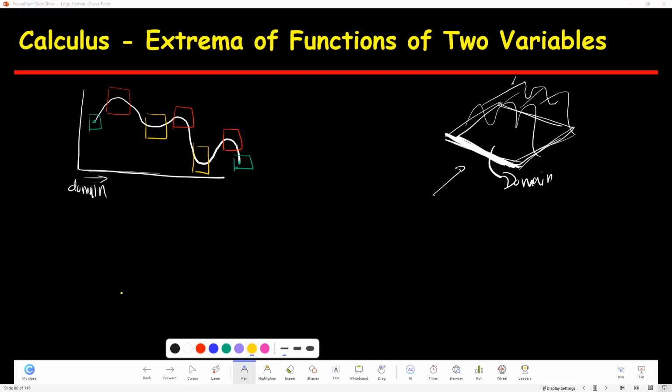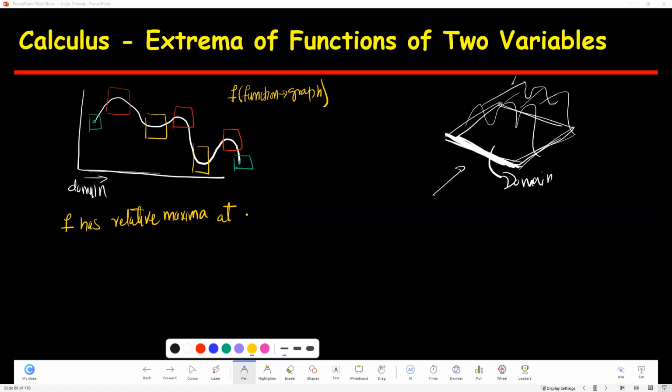F has relative maxima. This is my function. F has relative maxima at C1, C2, C3. What are C1, C2, C3?